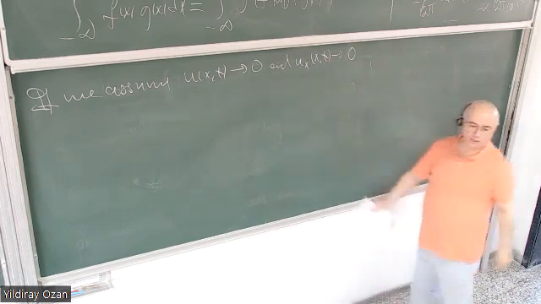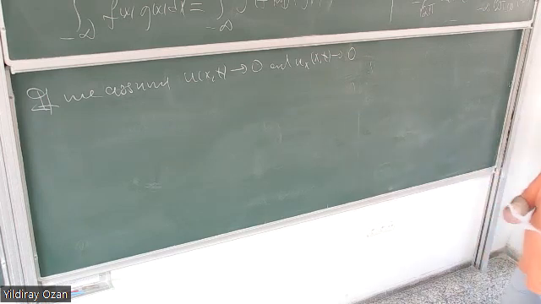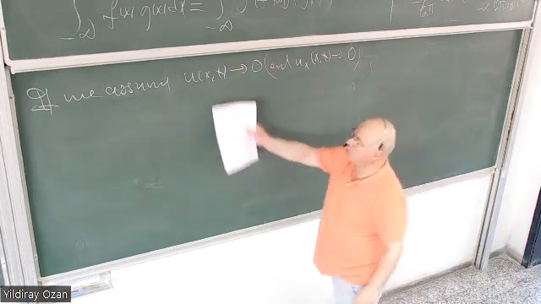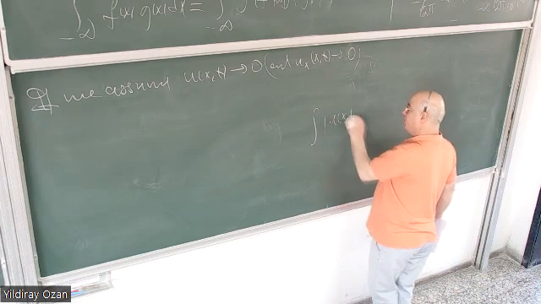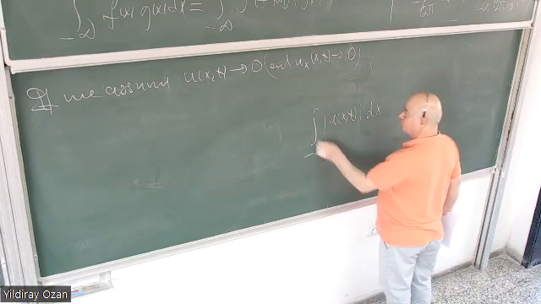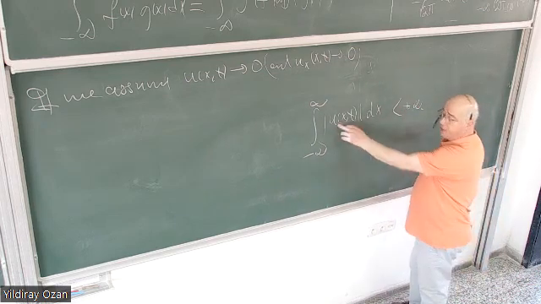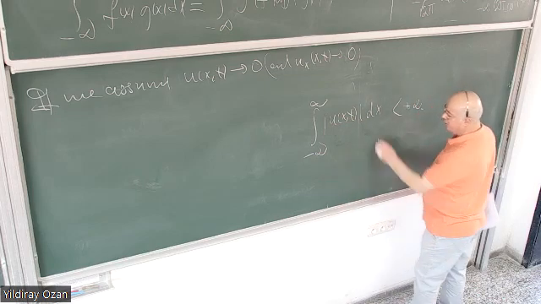Bu da çok aslında aşırı bir koşul değil. Neden? Şu integralin finite olmasını istiyoruz ya. Yani eksi sonsuzdan artı sonsuza kadar bu integral finite. So we assume that this integral is finite.